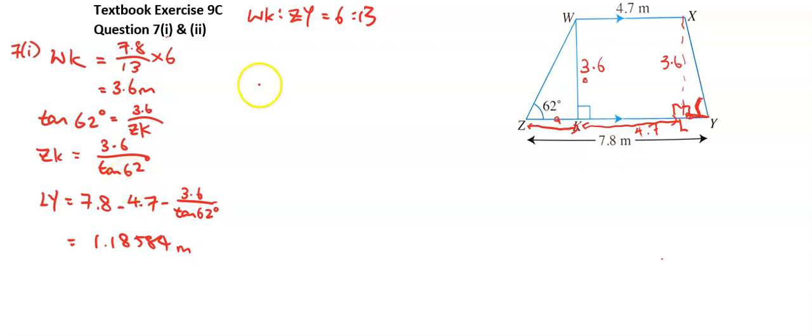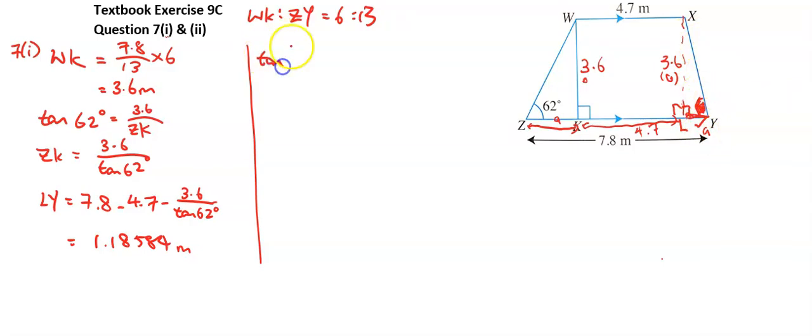Now, since we have the length LY here, we make use of LY and 3.6, which is this length XL, we will be able to get our angle XYZ. We use tangent because 3.6 is opposite of our angle XYZ, and LY is adjacent. This side XY is the hypotenuse, so this has to be adjacent.